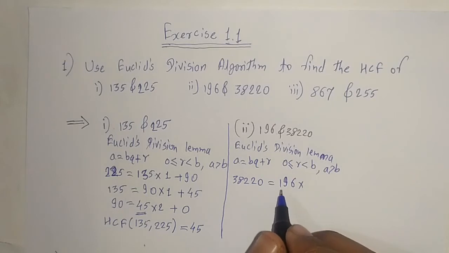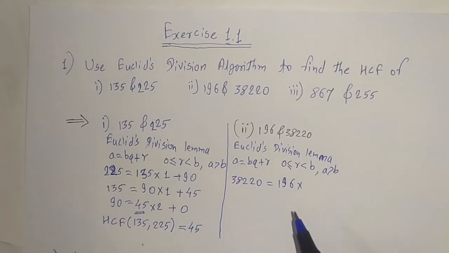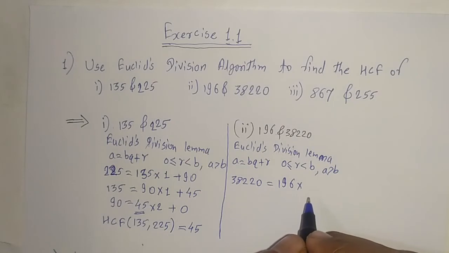Let's just say if you multiply 196 by number 100, you will get 19,600 as your answer. If you multiply 196 by 200, it will be around 39,000. Around that, what will be the answer? You have to find the quotient value by trial and error method.